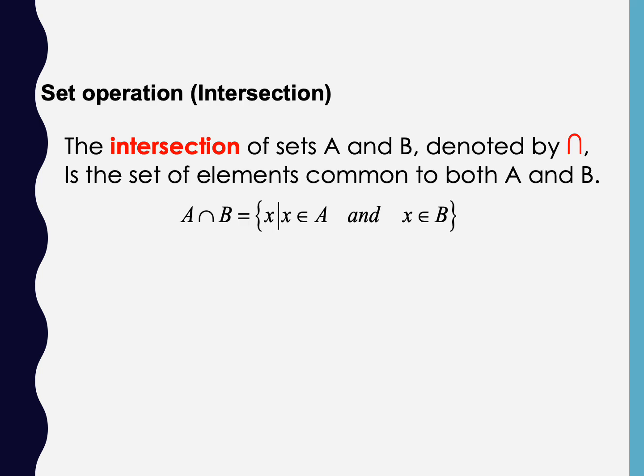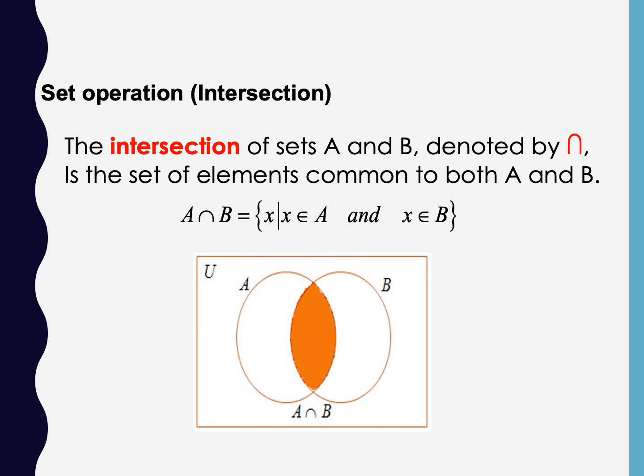The next set operation is what we call the intersection. So considering sets A and B, the intersection of the sets, denoted by the inverted symbol for the union, is the set of elements common to both A and B. It can be written with this notation, and using the Venn diagram it is the intersection between the two circles.